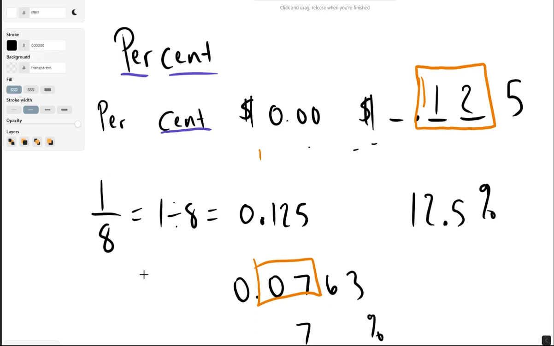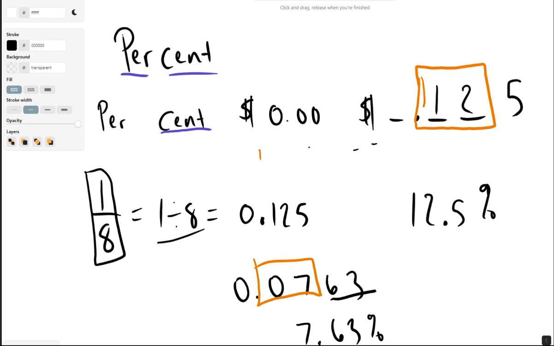Now, notice how I leave this space here, because I'm going to say, oh, that's 7 and then 63. That's 7 and then 63%. When I'm converting from a decimal. Remember, all you really have to do if you have a fraction is enter it into the calculator like this. You'll get some kind of decimal and then just think cents. You know how to read cents. That's all you really need to do.